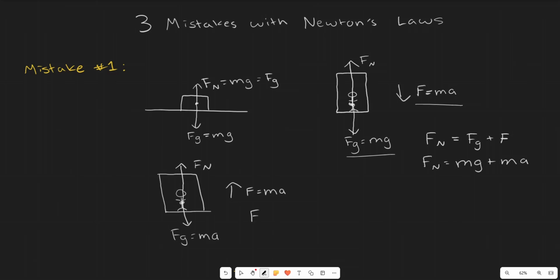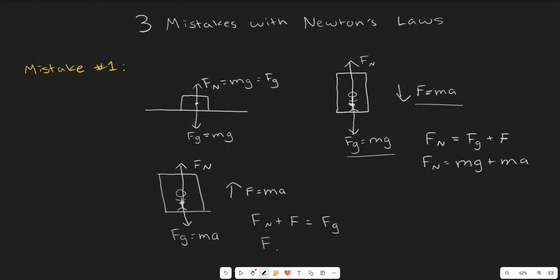The force that the elevator is moving up with is working with the normal force to counteract the weight force. So that means that Fn plus F, they're working together to counteract Fg.